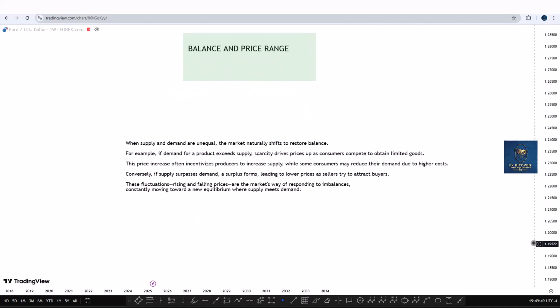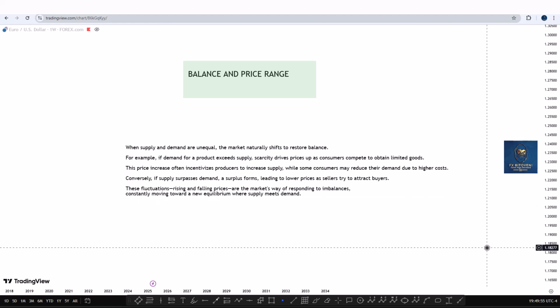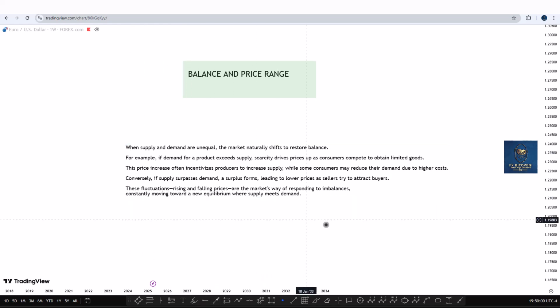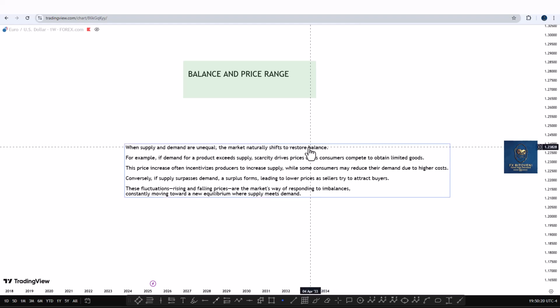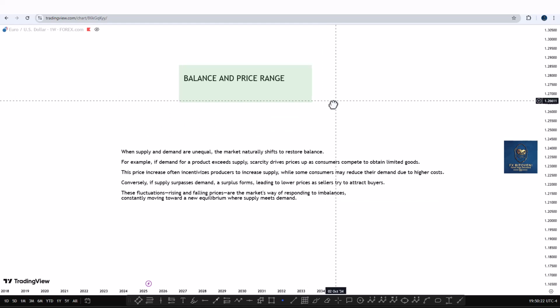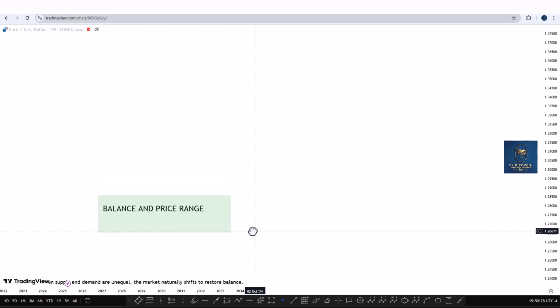It says: when the supply and the demand are unequal, the market naturally shifts to restore balance. So basically, when supply and demand are not equal, not in balance, the market naturally shifts to restore balance.